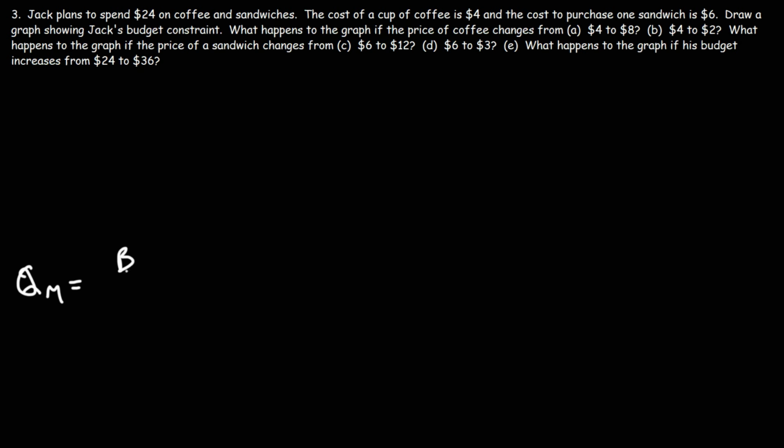That's going to be the budget divided by the cost of each cup of coffee, or we could say P sub C. So the budget is $24, and the price for each cup of coffee is $4. So the maximum number of coffees that he can buy is 6.